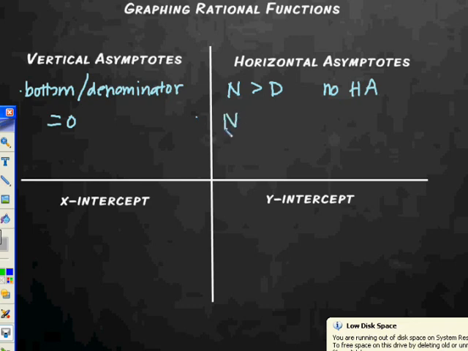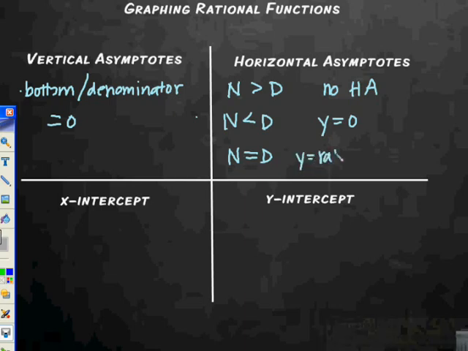If your numerator degree is less than your denominator degree, then your horizontal asymptote is always y equals 0. And if the numerator degree is equal to the denominator degree, then your horizontal asymptote is y equals the ratio of your leading coefficients.